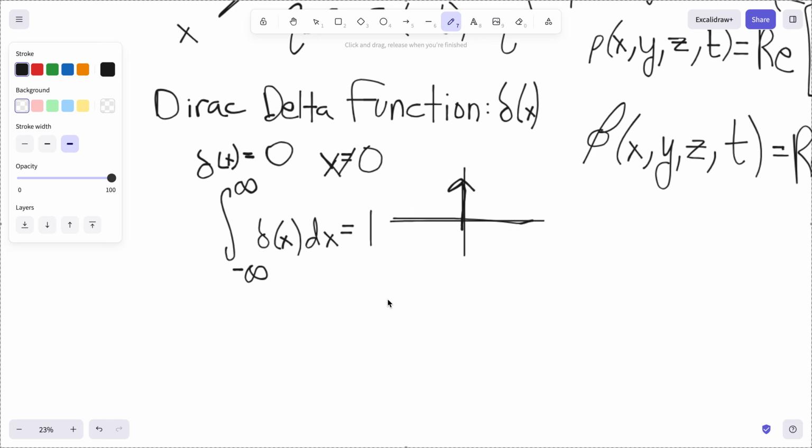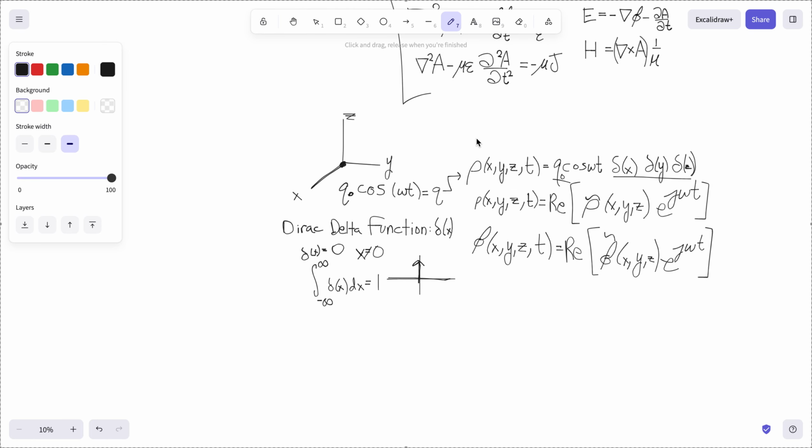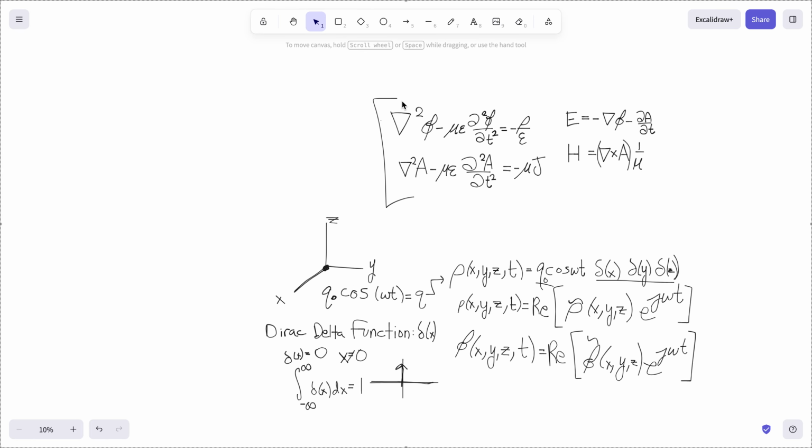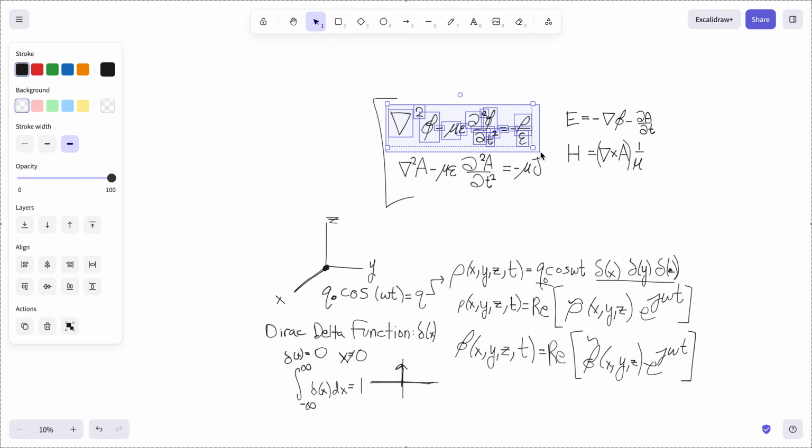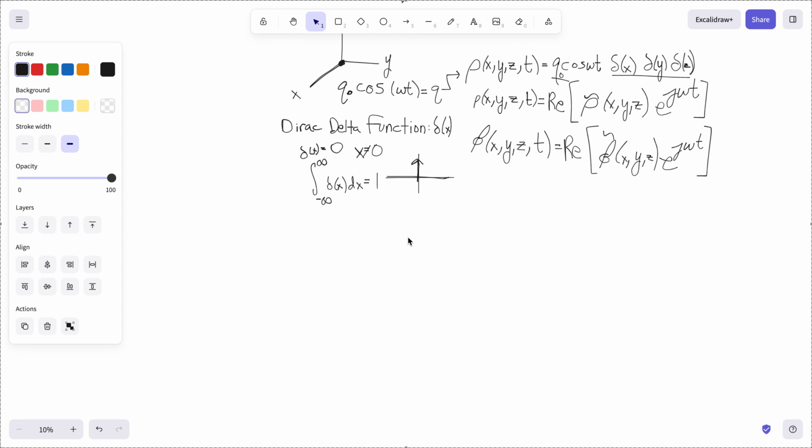Then we can rewrite this equation here. We'll copy this.